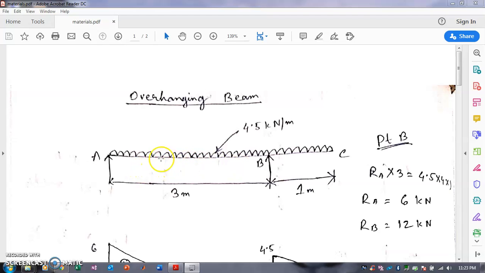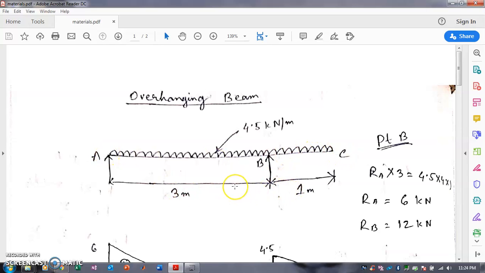So this total anti-clockwise moment will be this force 4.5 kilonewton into the length, that becomes the total force, and the perpendicular distance between point B and the point of action of the force. The point of action of the force will be at the midpoint of AC, because we have considered the whole force from A to C, that is 4 meter.